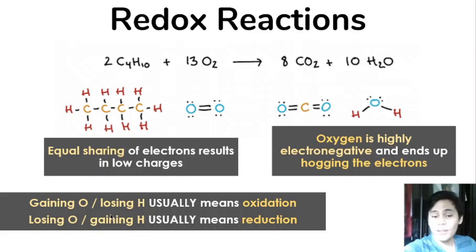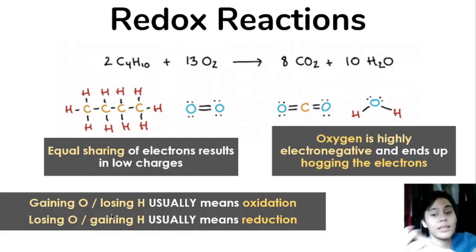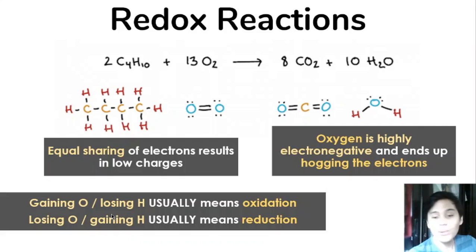On the other hand, losing an oxygen atom or gaining more hydrogen atoms means reduction most of the time, because again, without that hogging electronegative oxygen atom, you have more electrons to go around and be shared in the molecule. So it's like a gain of electrons, or reduction. Don't forget, in the biological context, the gaining and losing of oxygen atoms is key to your oxidation and reduction.